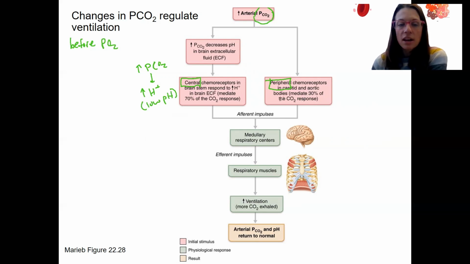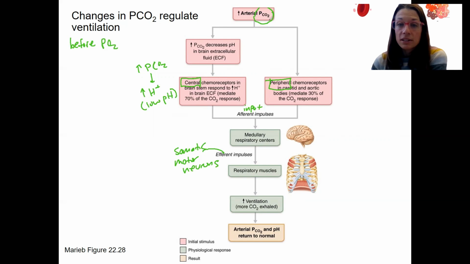So still important. This is the afferent impulse, or input signal, to the respiratory centers of the medulla. They're then going to have efferent impulses. These are somatic motor neurons that are going to innervate these skeletal muscles.